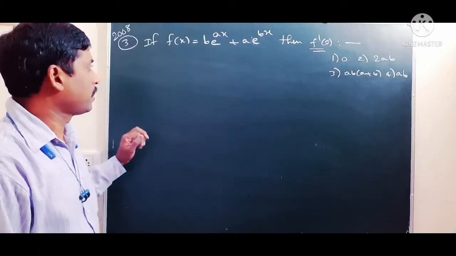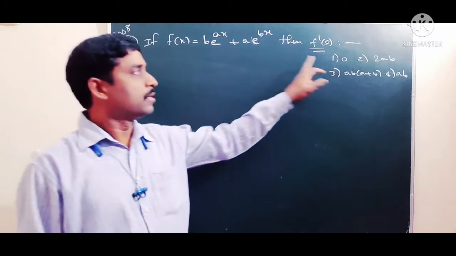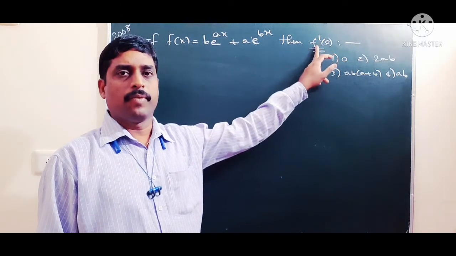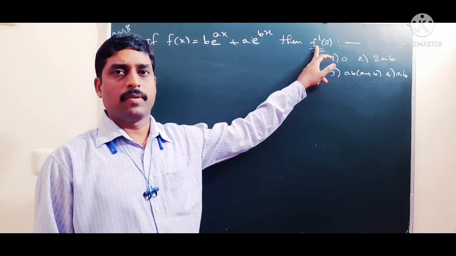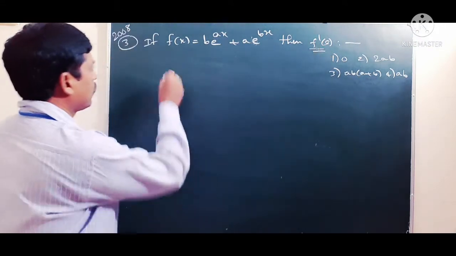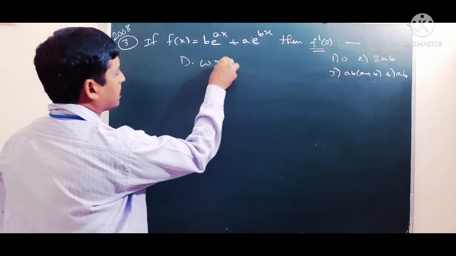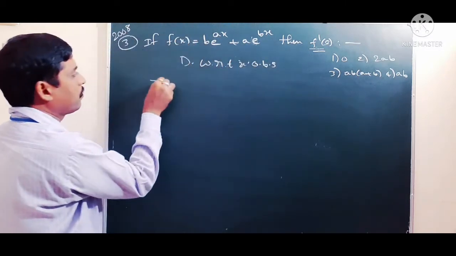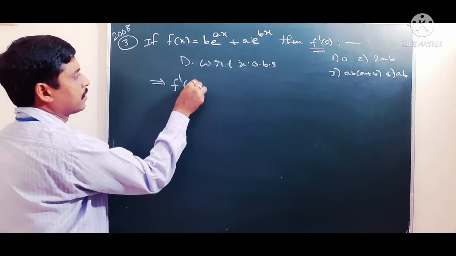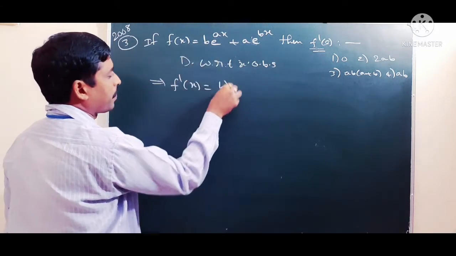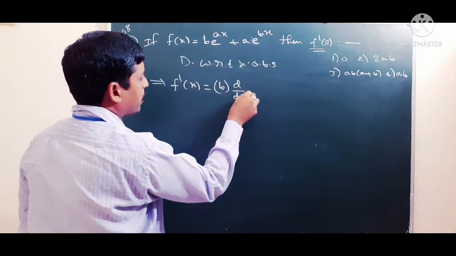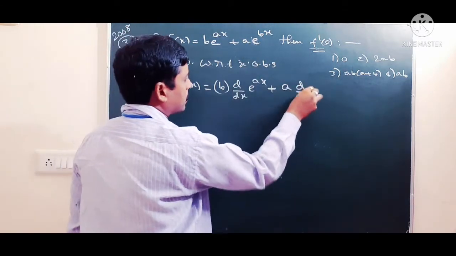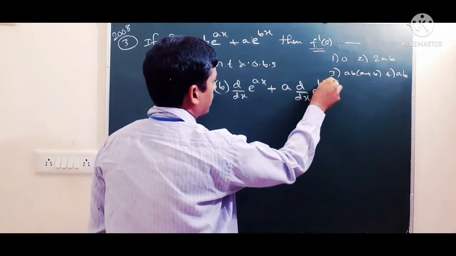Okay, look at the next problem. This is a 2008 question. The f of x value is given. Then we have to find f dash of 0. This means we have to find f dash of x at x is equal to 0. Now differentiation with respect to x on both sides. The differentiation of f of x gives f dash x. In this, b is a constant, so we differentiate e to the power ax. In this, a is a constant, so we differentiate e to the power bx.